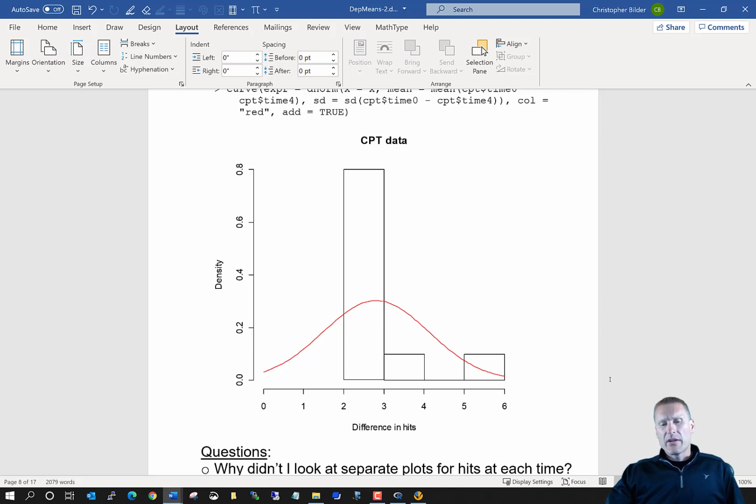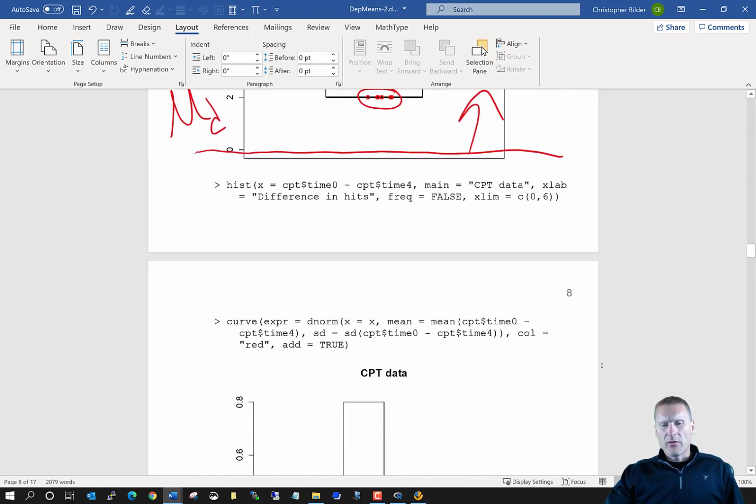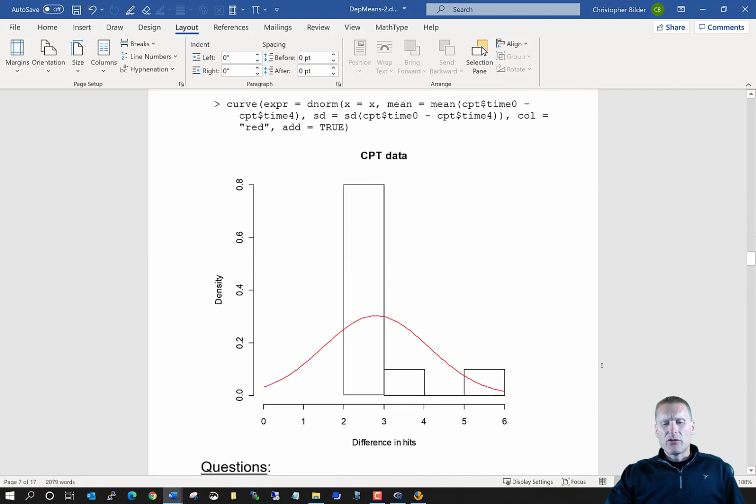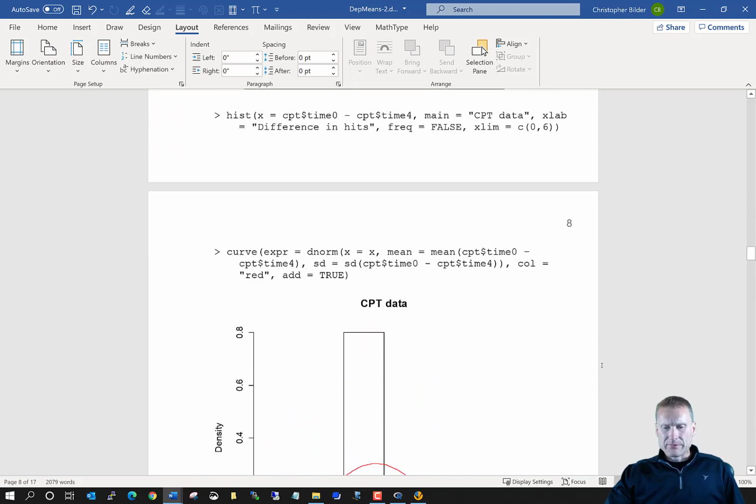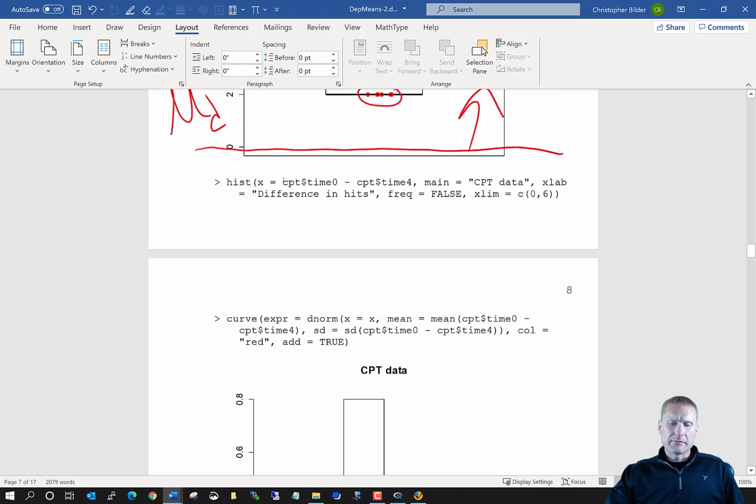Now, one thing I mentioned that unfortunately I skipped over is how I did this histogram with the normal probability distribution on it. Let's review how I did that. I used the hist function, and then I took time 0 out of CPT, my data frame, took time 4 out of CPT, subtracted it, and then I used the usual code for the histogram, but one big difference is right here.